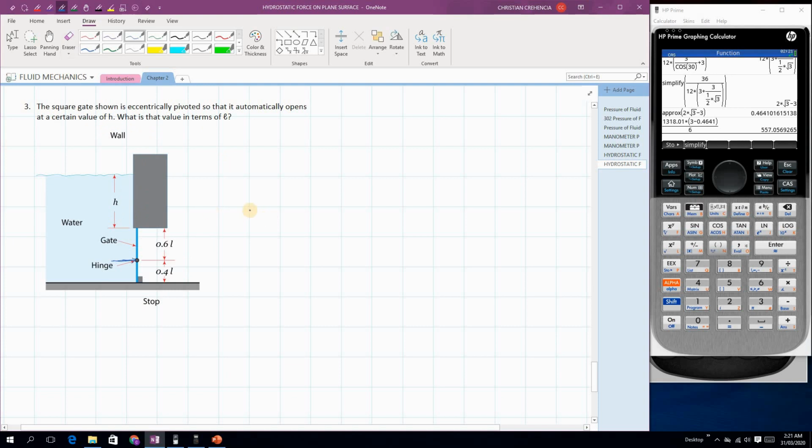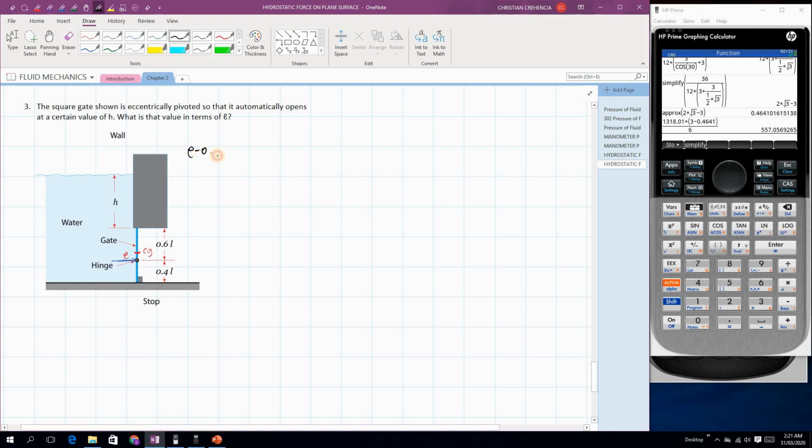Okay. So again, let's say nandito yung ating center, center of gravity. Okay? Then yung distance E natin is, if this is 0.4, then yung distance E natin is what? 0.1.